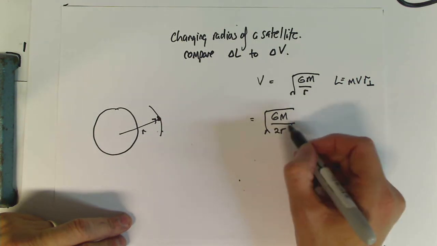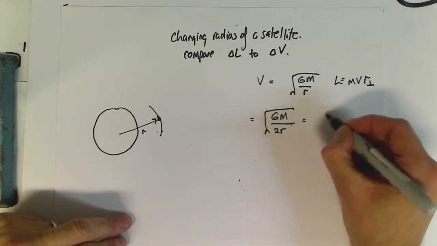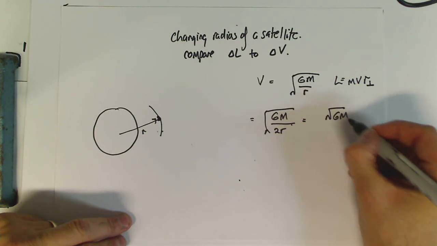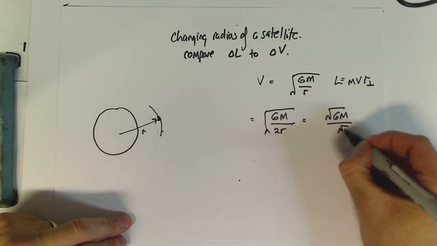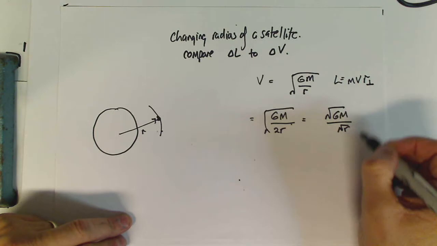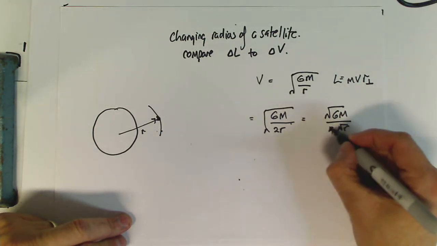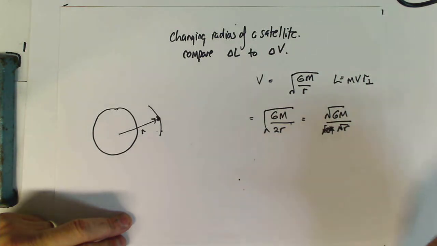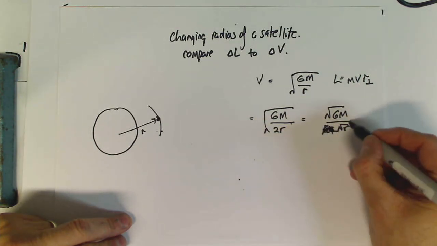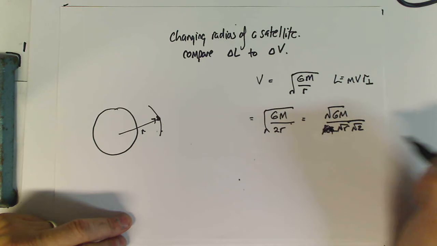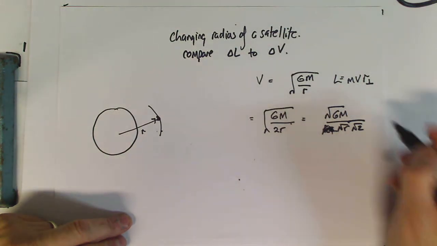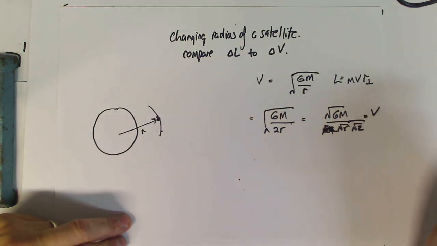So this is the same as the square root of GM all over the square root of r, but now we've taken the 2 out, so that would be a square root of 2. Right? Now, that's all equal to v.